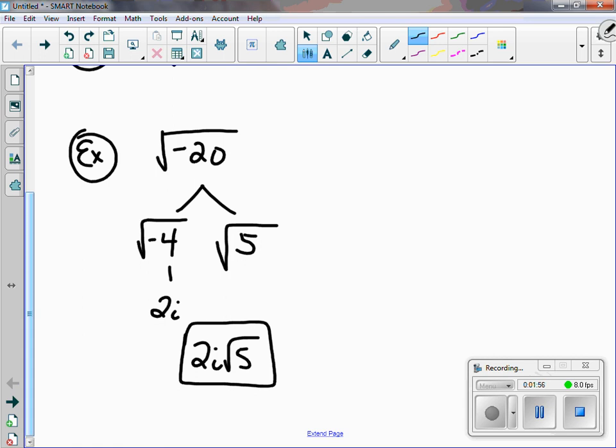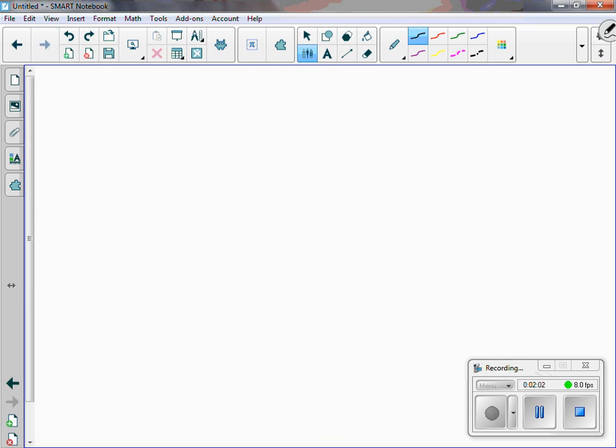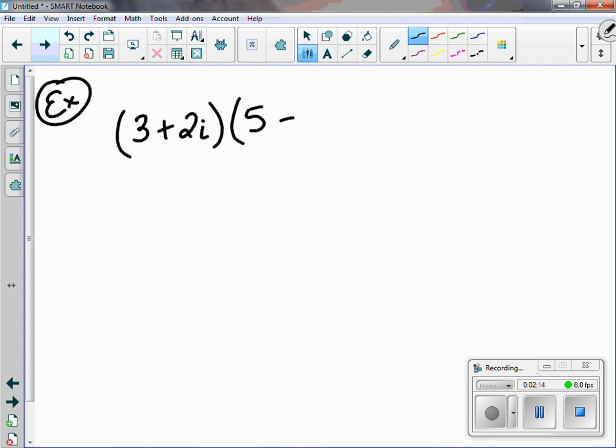Okay, so how else can we use imaginary numbers or complex numbers? You might also have to multiply them. So if I were to have 3 plus 2i times 5 minus 3i, I'm going to have to distribute these in order to get it reduced down. What makes this a complex number?